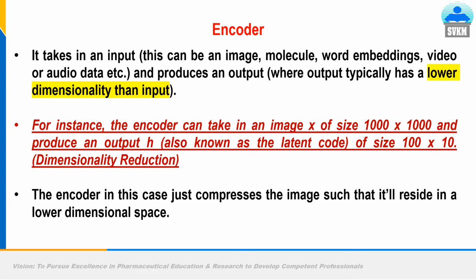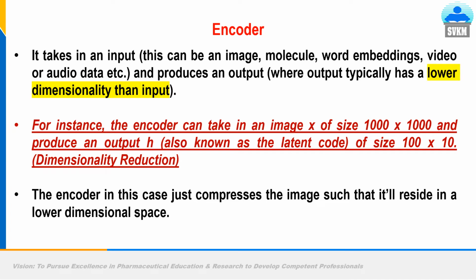For example, the encoder can take an image of size 1000 by 1000 pixels and produce an output, also known as a latent code, of size 100 by 10. So you have reduced the size or the features or the dimensionality of the structure without compromising the identity or the meaning of that particular input.